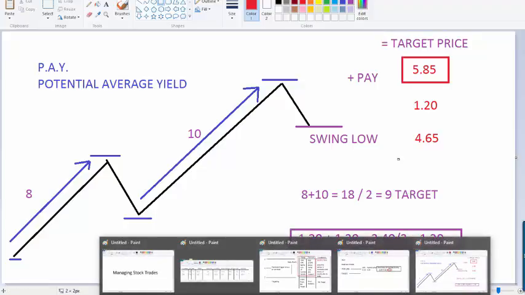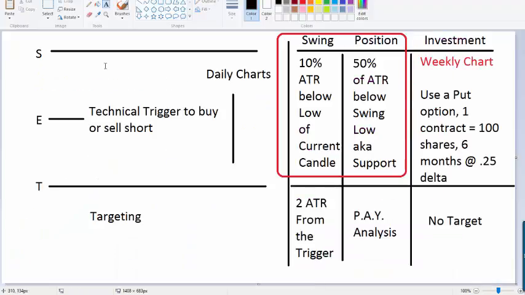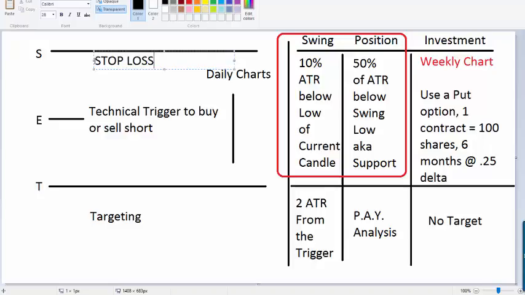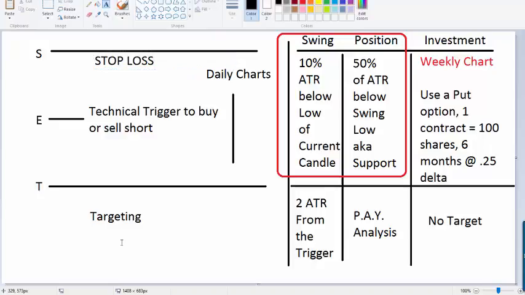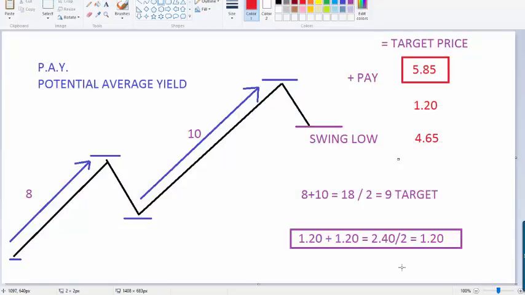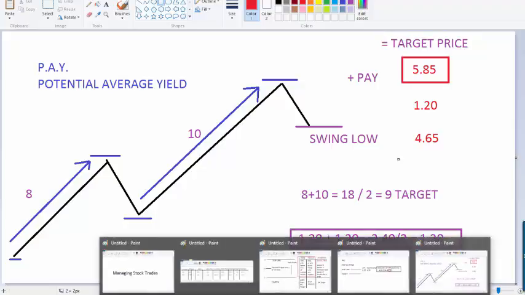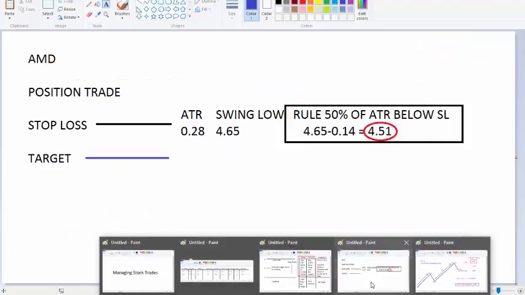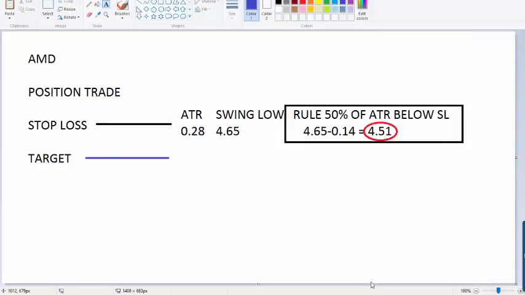To set up a trade, you need to have your stop and your target. You need to have both numbers decided before you ever do the order. In our order on this one, our target price is 5.85, and our stop loss price is 4.51.